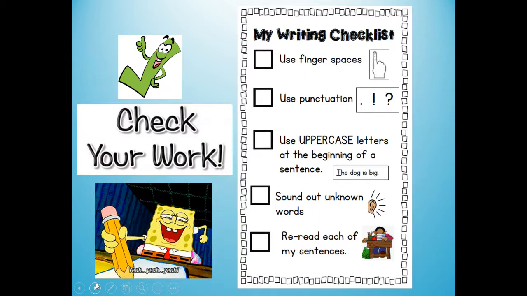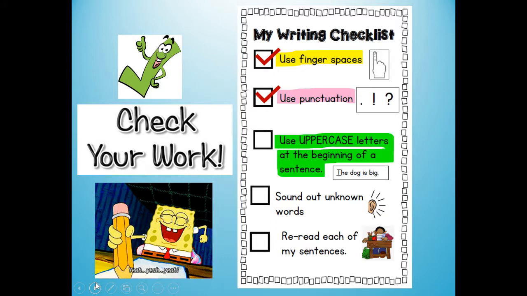So let's check your retell. Check your work. Remember this writing checklist? Did you use finger spaces between your words? Yes or no? If not, your words are going to look like one long word all put together. Did you use punctuation and put periods at the end of each of your sentences?